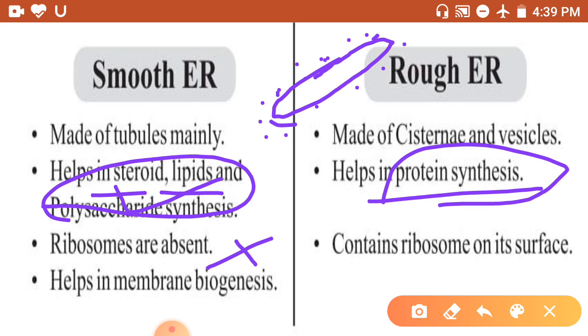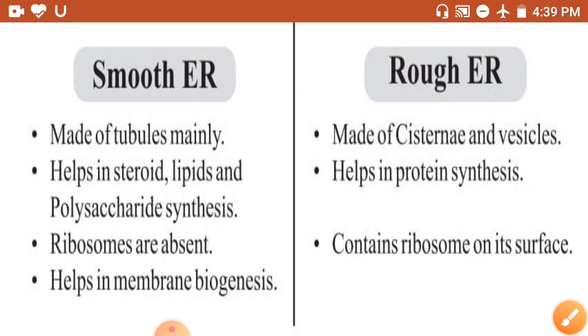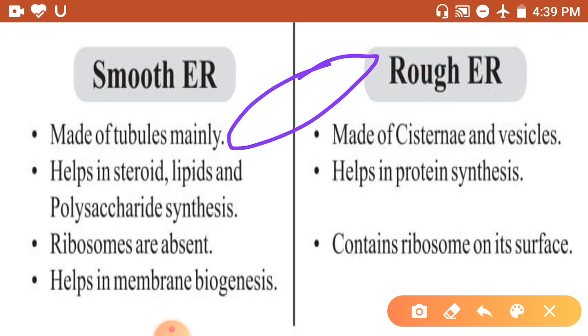These dots are called ribosomes, which are present outside of the tubes. Because this endoplasmic reticulum contains ribosomes, that's why it is rough. Ribosomes are present in the rough endoplasmic reticulum, not in the smooth endoplasmic reticulum.